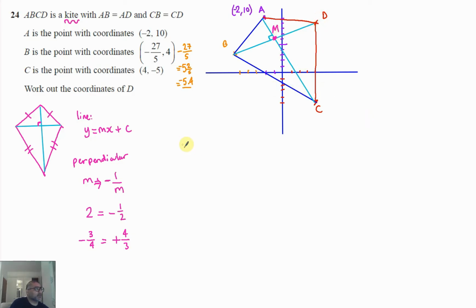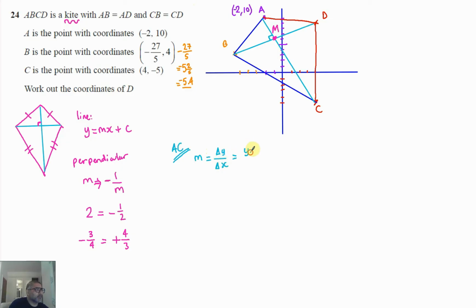So first of all, let's work out the equation of AC. Let's do that in a different color. Let's say AC, it's not a vector, it's a line. So for AC, let's work out the gradient first. To work out your gradient, remember it's the change in your y coordinates divided by the change in your x coordinates.